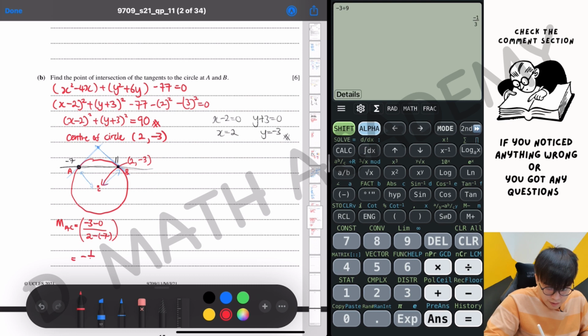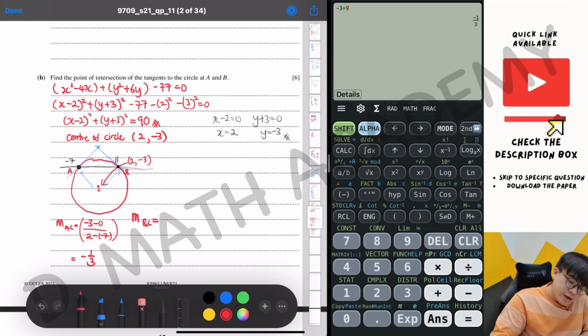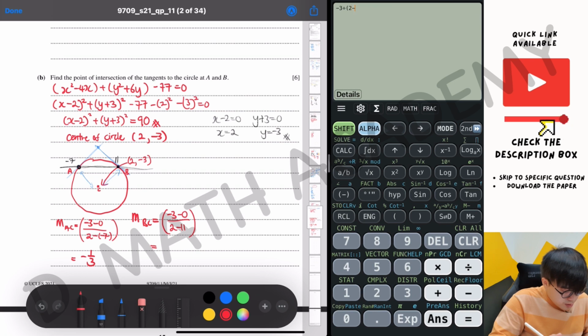So it's actually negative 1 over 3, while your gradient of BC here is actually negative 3, minus 0 as well, and then we have 2 minus 11. So we have 1 over 3 here.